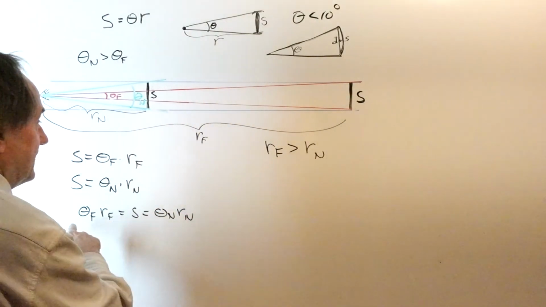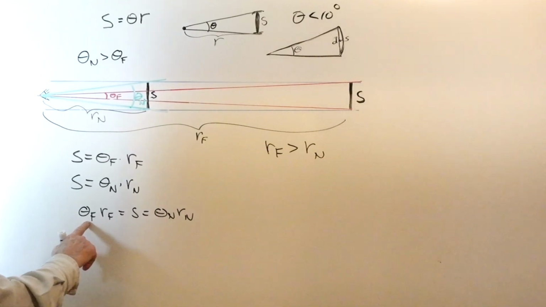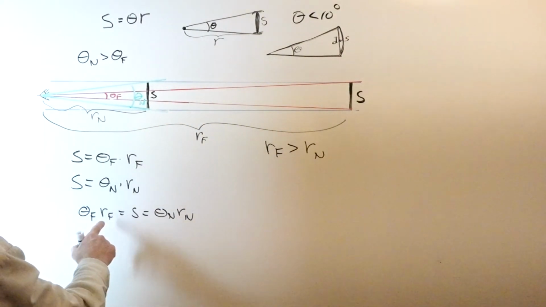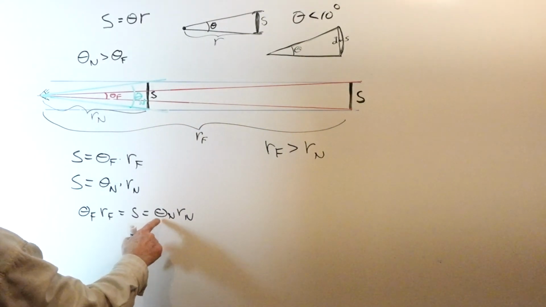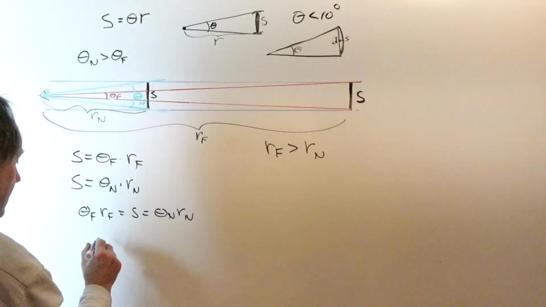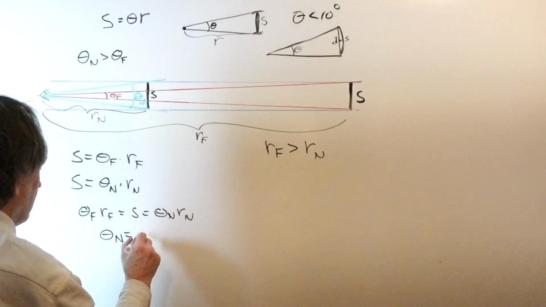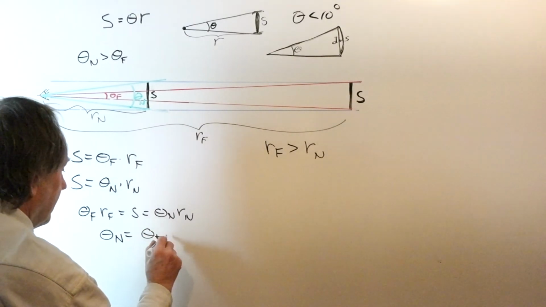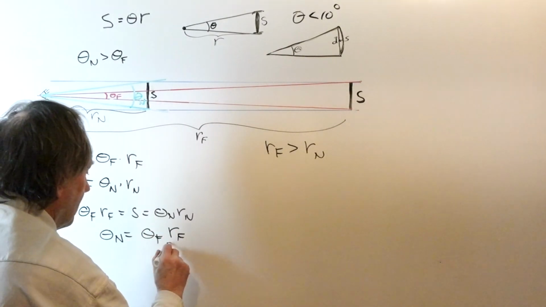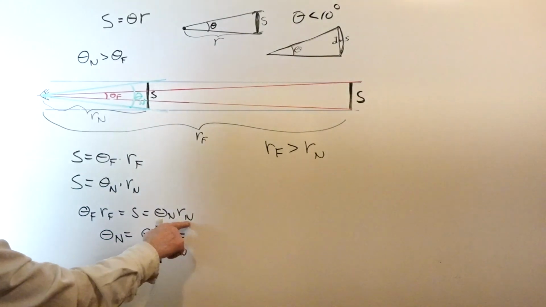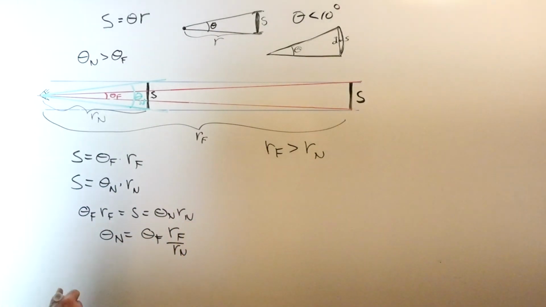So we have a relationship. We can solve for theta n in terms of theta f. Theta n then will be equal to theta f Rf over Rn. I'm just dividing through both sides by Rn.